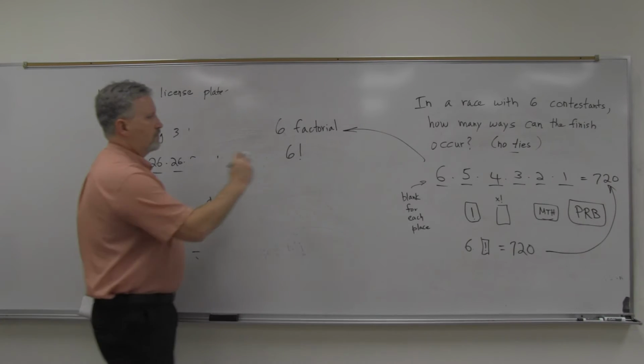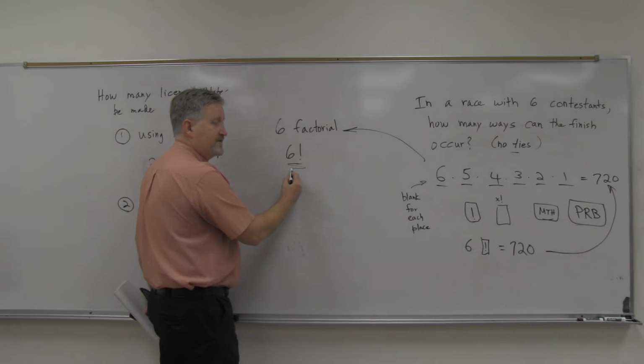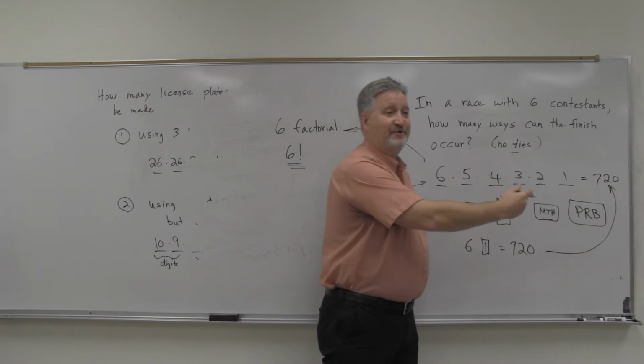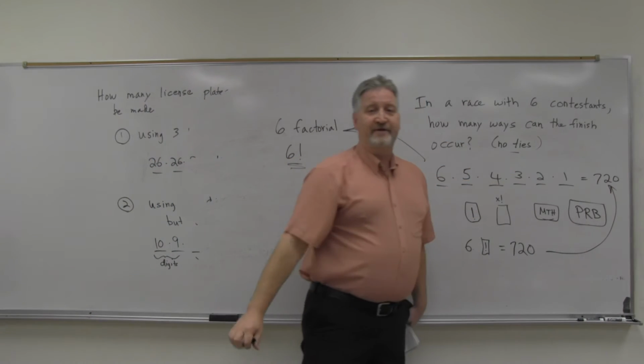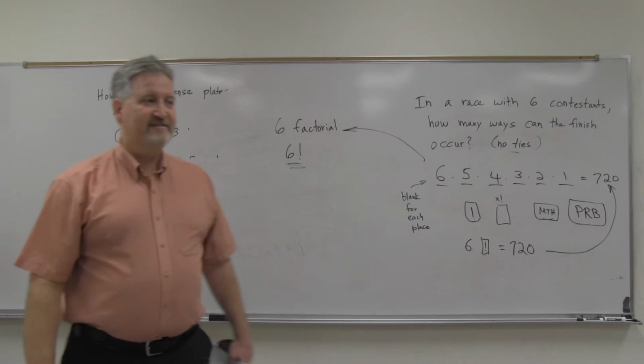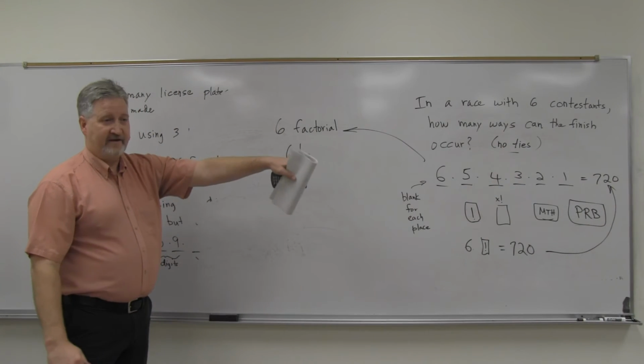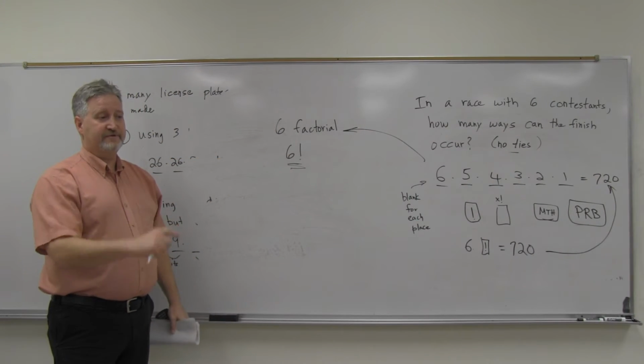And so what this represents is a quicker way to do the 6, 5, 4, 3, 2, 1 product. That's a little quicker than having to type out all those numbers and multiply them together.